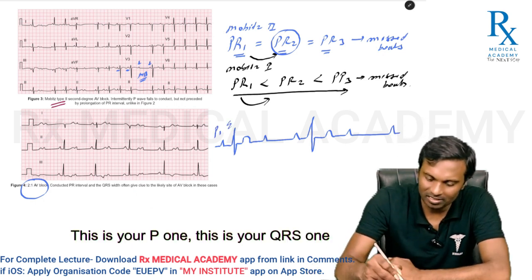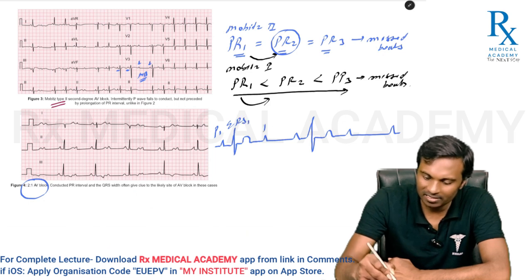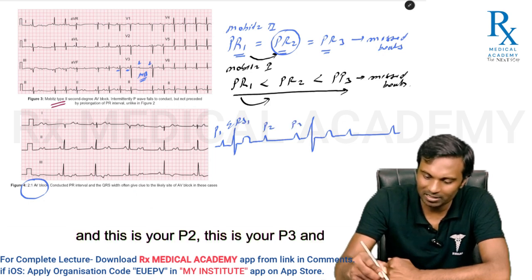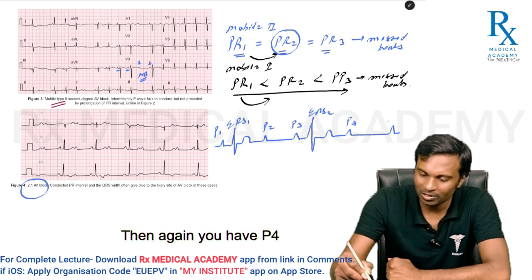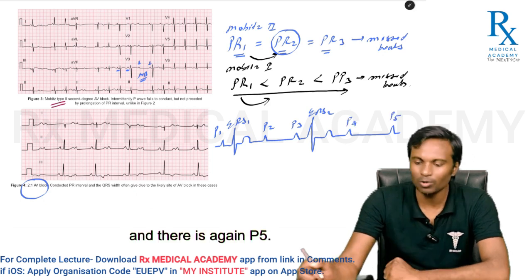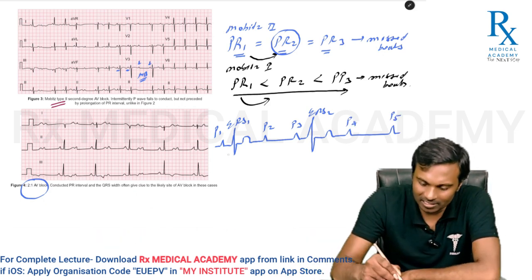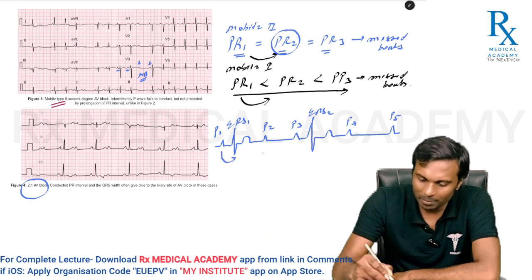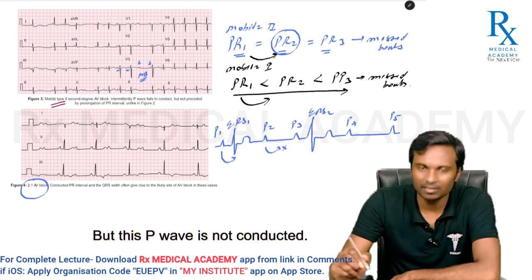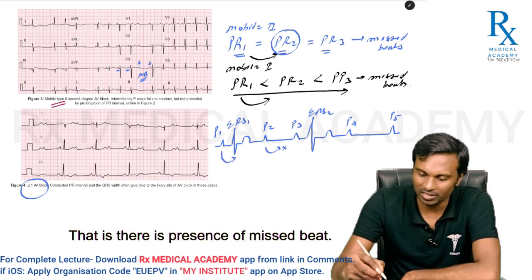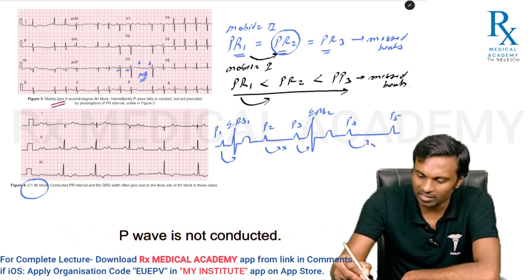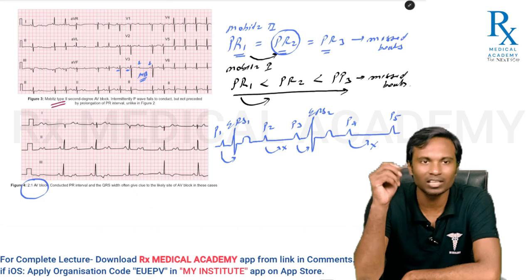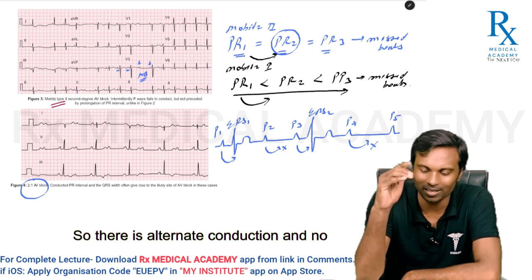This is your P1, this is your QRS1, and this is your P2, this is your P3 and this is your QRS2. Then again you have P4 and there is again P5. Now you can appreciate a few things. This P wave is conducted but this P wave is not conducted, right? That is, there is presence of a missed beat. Again this P wave is conducted but the next P wave is not conducted, again you have a missed beat. So there is alternate conduction and no conduction.